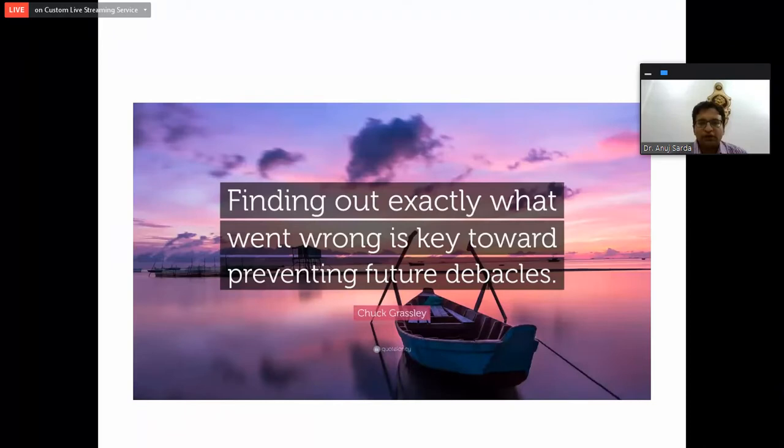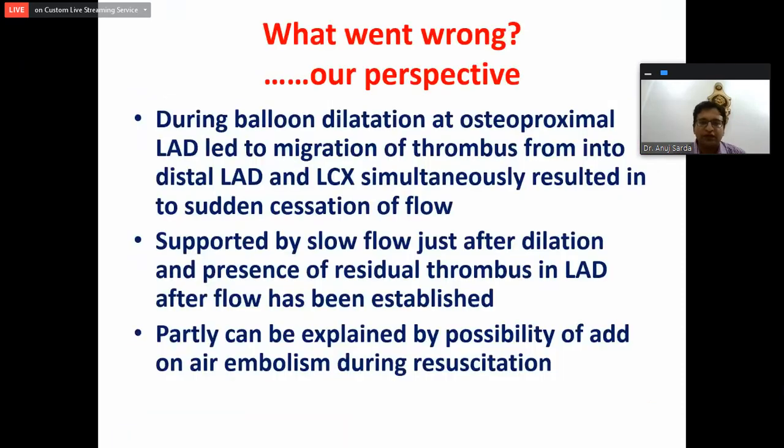I am very much inspired by this quotation: finding out exactly what went wrong is the key towards preventing future debacle. So we introspect the case, and this is our perspective on what went wrong. During balloon dilatation at the ostioproximal part, that may have led to the migration of thrombus into the distal LAD and circumflex simultaneously, most probably, and this resulted in the sudden cessation of flow across the whole left system.